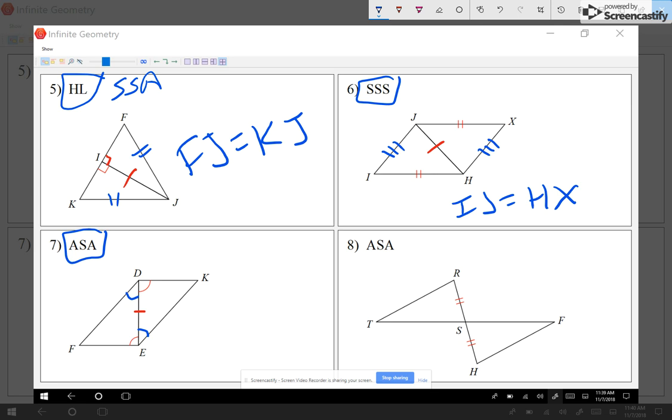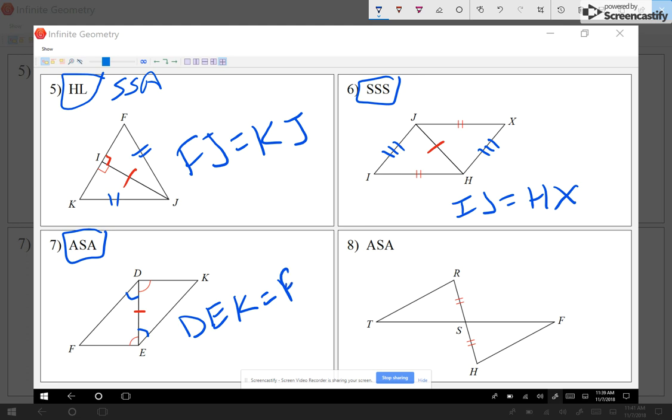Now, for the bottom angle, I cannot just call it angle E because there's multiple corners at E. So I'm looking at that triangle where that angle is part of. I'm looking at the three letters of the triangle. And for that angle, I'm going to have to use all three letters. Make sure E is in the middle. So I'm going to call it D, E, K. When I look at the other triangle, the other angle, there's multiple corners at D. So use the three letters that make that triangle and have D in the middle.